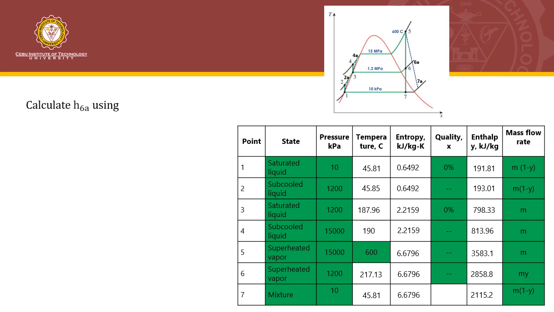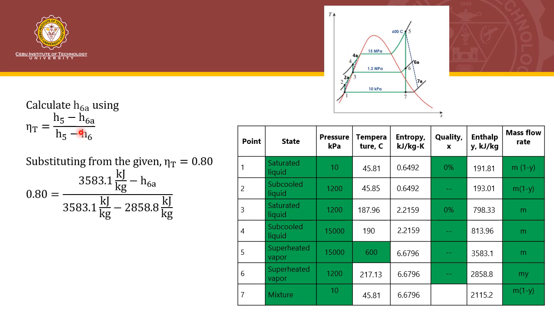So using the relationship for the isentropic efficiency of the turbine, to get the value of 6A, we're going to use H5 minus H6A over H5 minus H6. So we just substitute the value of isentropic efficiency of the turbine, which is 0.8, and also the quantity of H5 and H6 from the table, so that we can get the value of H6A.